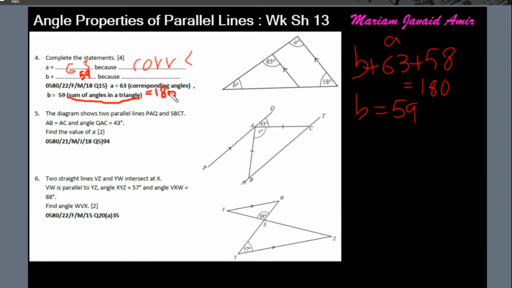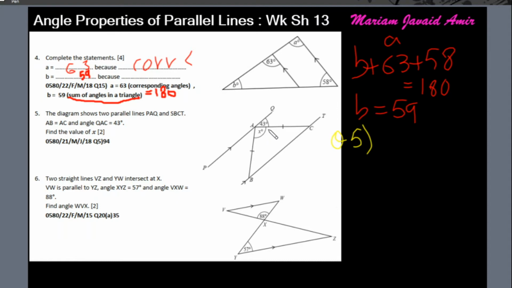Alright, question 5. The diagram shows two parallel lines PAQ and SPCT. AB equals AC, and angle QAC equals 43. So find the value of x.